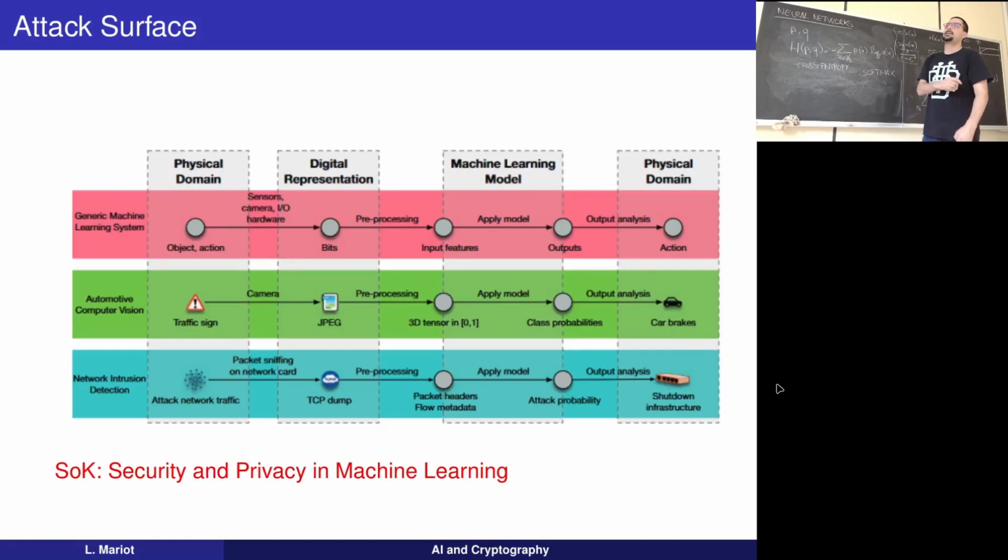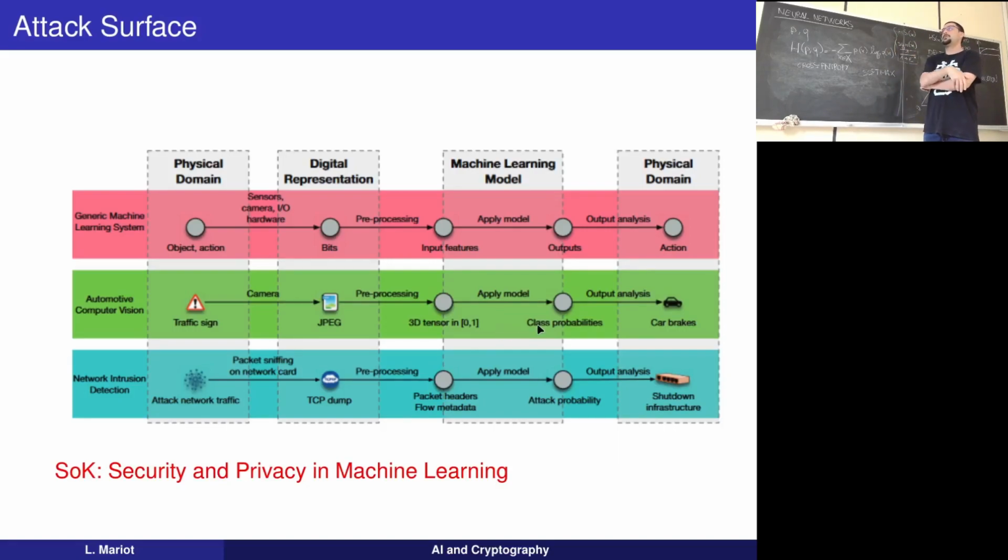So this is an example of attack surface in concrete domains. We already said automotive and computer vision. We will have the physical domain, that is the road sign, and then the digital representation of the road data, that would be a JPEG picture of that road sign. Then we will have some pre-processing, giving a matrix of numbers that specify the intensities of the pixels.